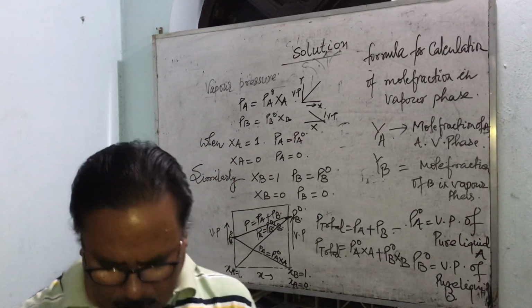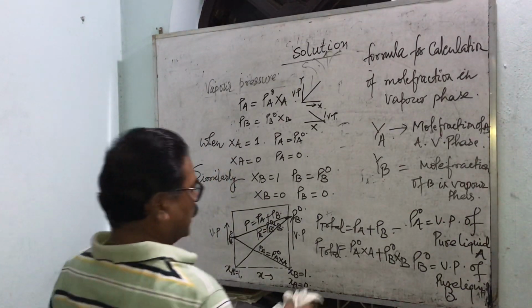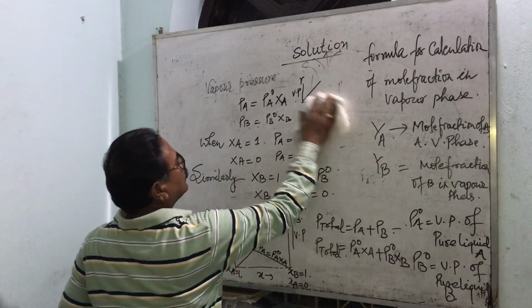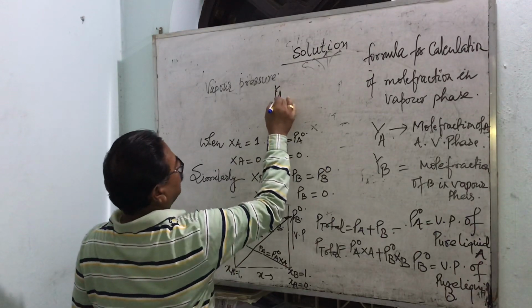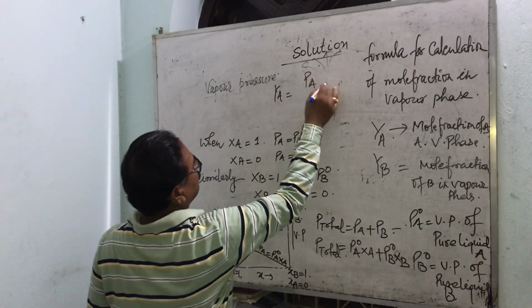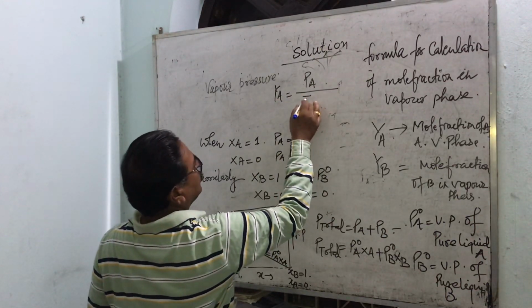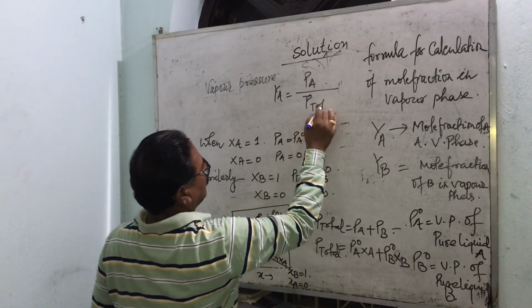So we have the formula. YA is equal to the mole fraction of a component in the vapor phase, that is, the partial vapor pressure divided by P total.